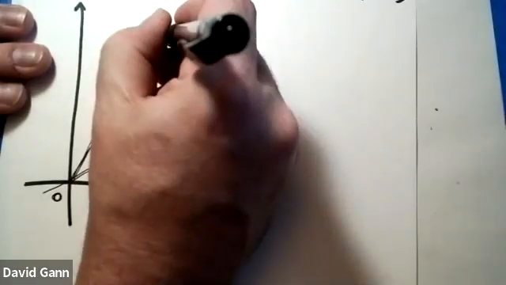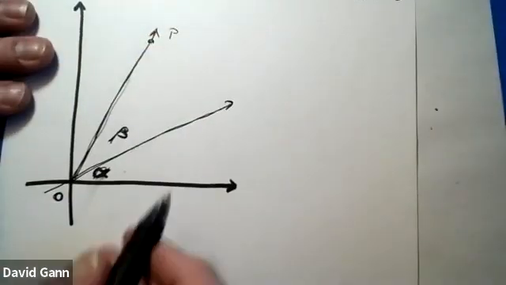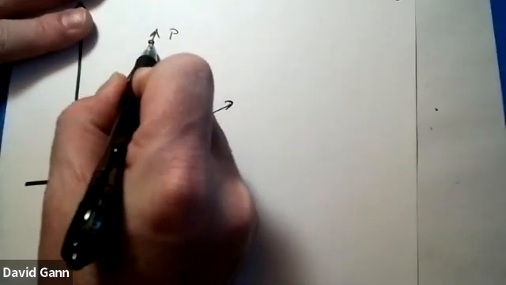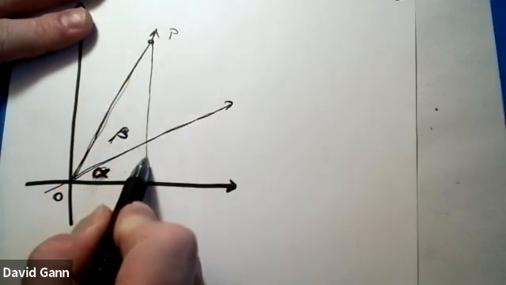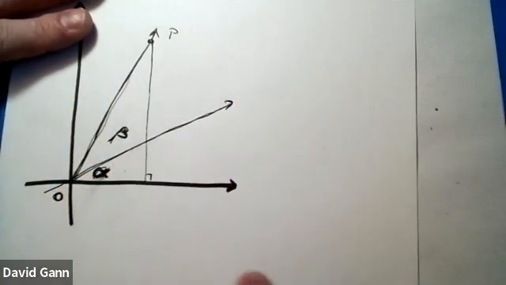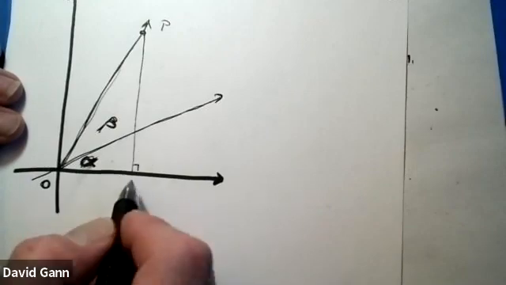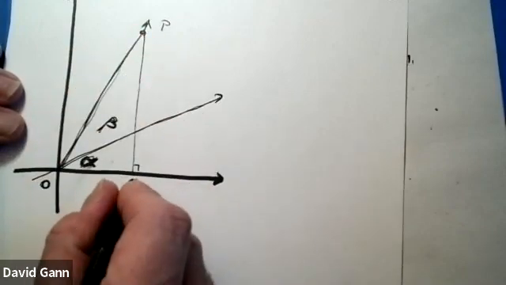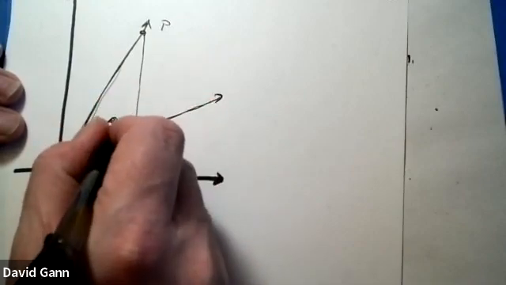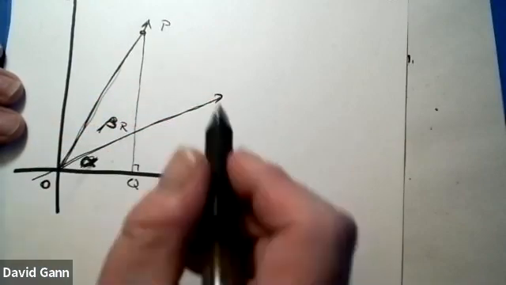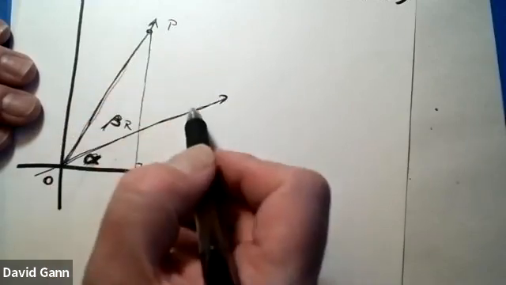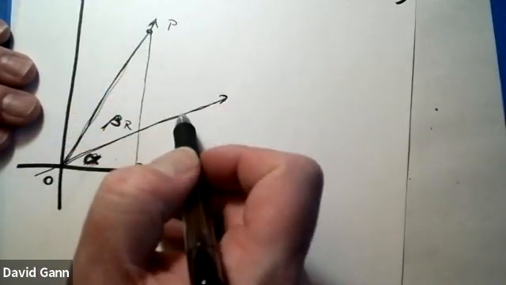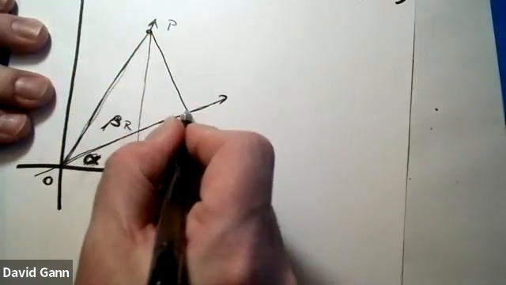I'll call that point P. And then I'm going to draw a perpendicular line from P to the x-axis, okay? And where that crosses at several different places, so P, Q, R, right?